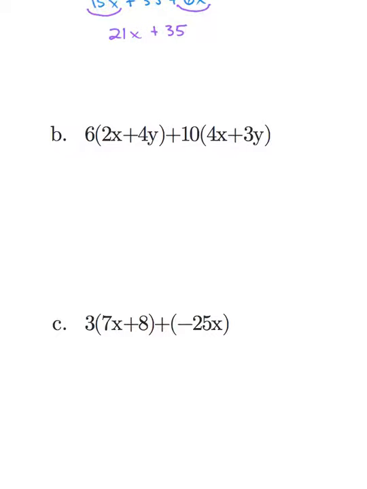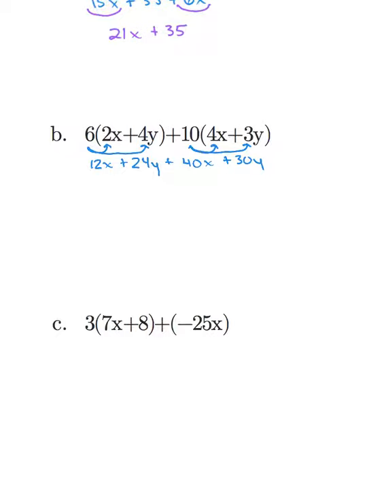So in the first one, we're going to get 6 times 2x is 12x. 6 times 4y is plus 24y, plus 10 times 4x is 40x, and 10 times 3y is plus 30y.